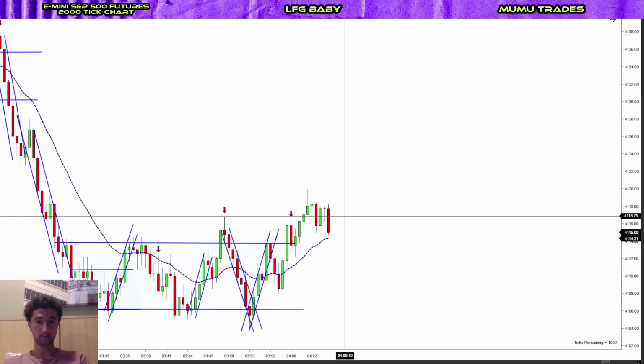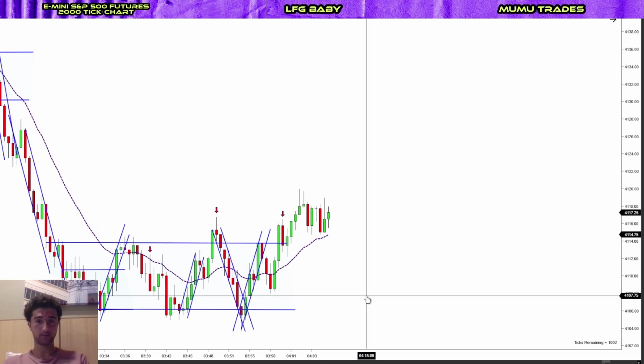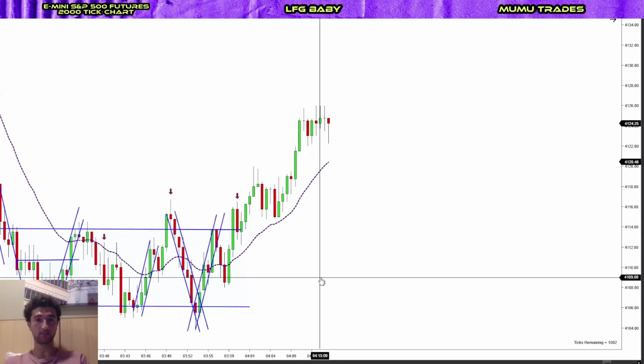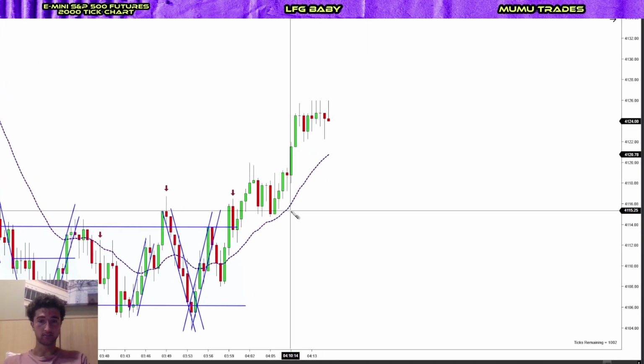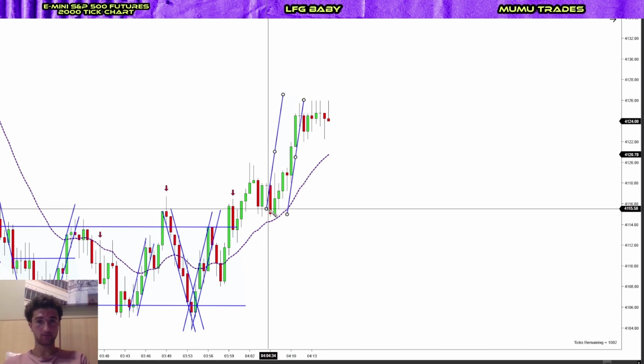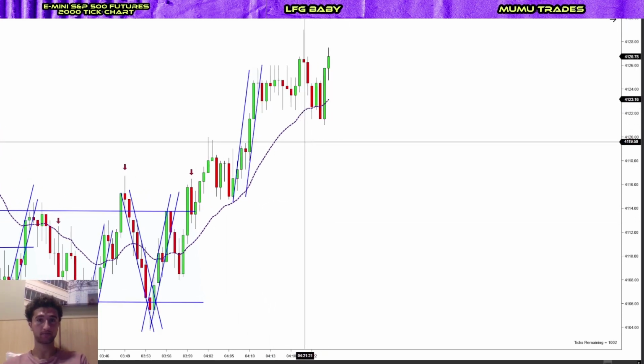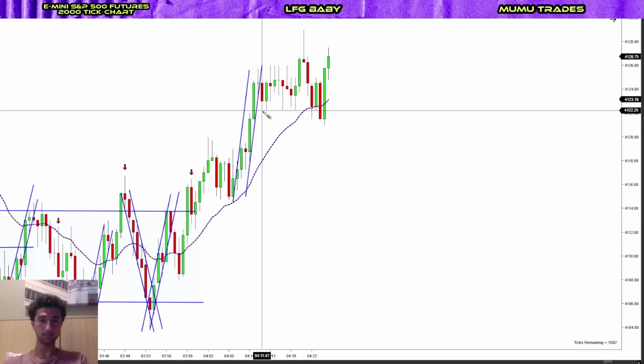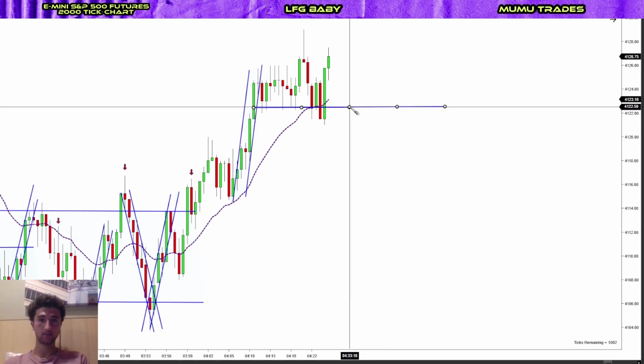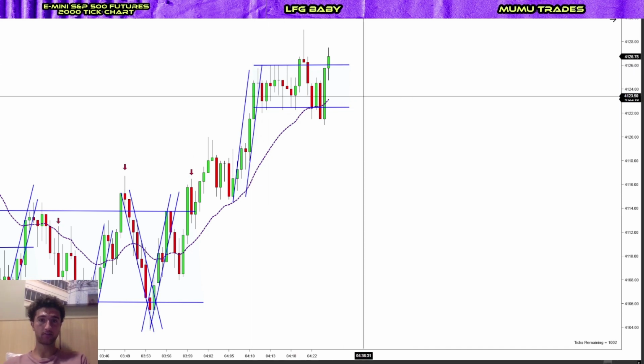So now we have a first entry long, and then we end up, okay, now prices are starting to go up. So let's draw a short-term trend, break, congestion. Let's draw a range.